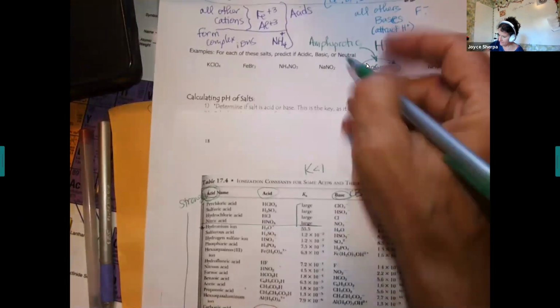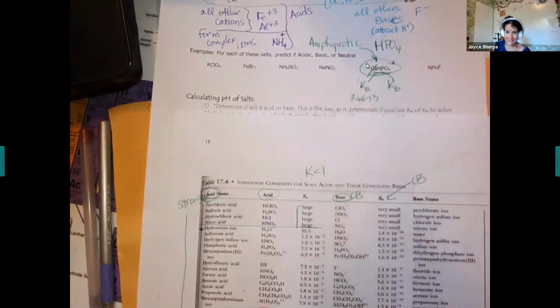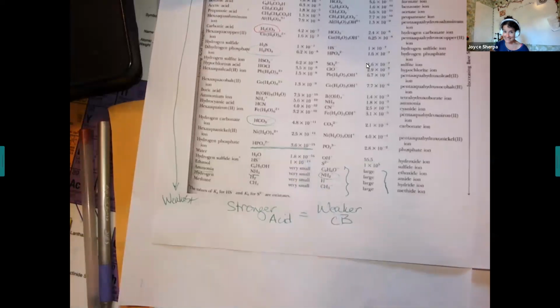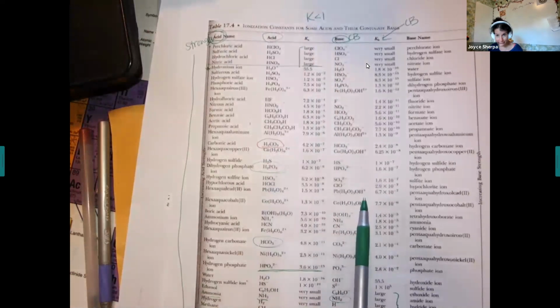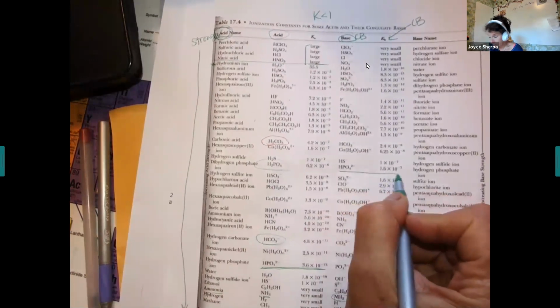I can always tell you that's already such a small number. That's as the acid, because that's the acid side of the chart. Now we have to go to the other side and find it again as a base. HPO4, not its conjugate, but the actual thing that's given in the question, and it's up here.